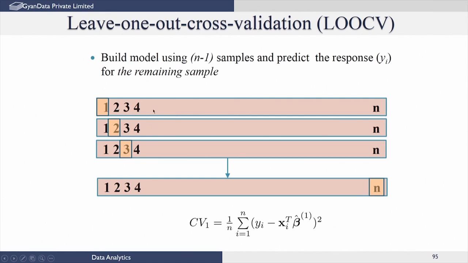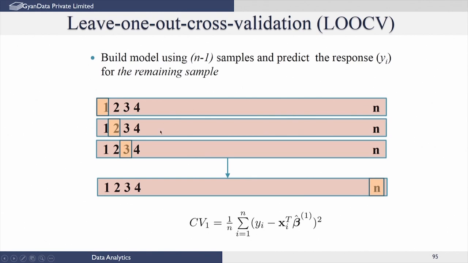For example, if you are building a nonlinear regression model, you will build a regression model using, let us say, only beta naught and beta 1, the linear term, and predict the MSE on this left out sample. You will also build a quadratic model using the same training set and predict on the left out sample, and so on, so that you get an MSE for the left out sample for all choices of the parameters you want to try out.